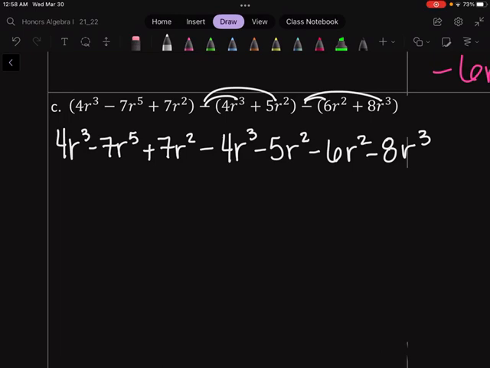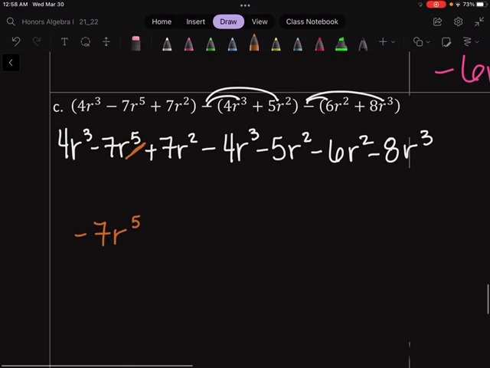So, the 5th power is the highest power. I didn't mean to do that, but it looks like this negative 7r to the 5th is our highest power. And then I would want to go to the 4th power. There is no 4th power. So then I want to go to the 3rd power. I got 4r to the 3rd minus 4r to the 3rd minus 8r to the 3rd.